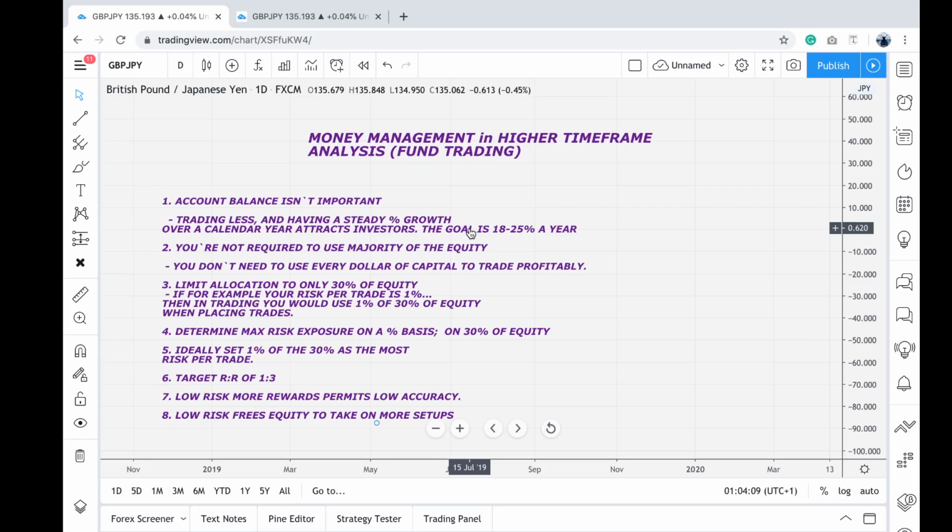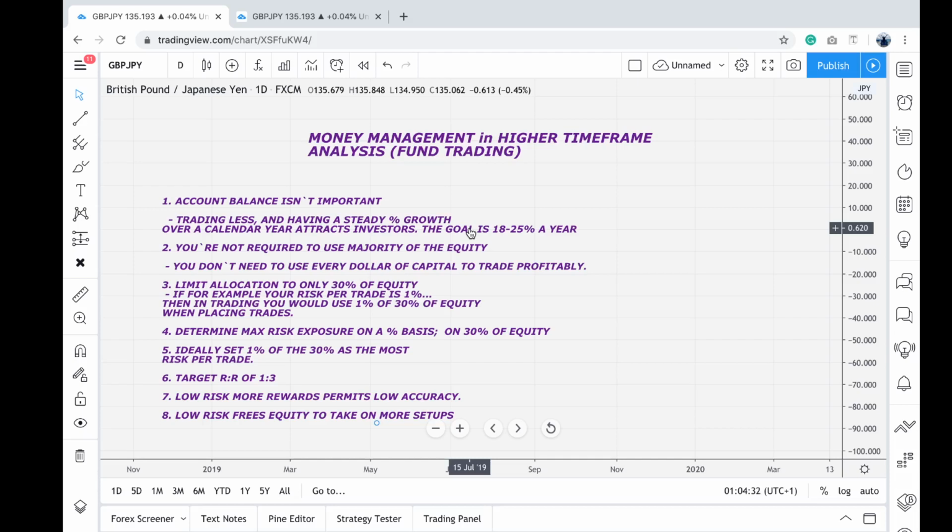Now let's say, for example, your risk per trade is 1%. Imagine a funded account. Rather than trading 1% of 100,000, you're going to trade 1% of 30,000, because now you're limiting your allocation on your equity to 30% for any trading you want to do.